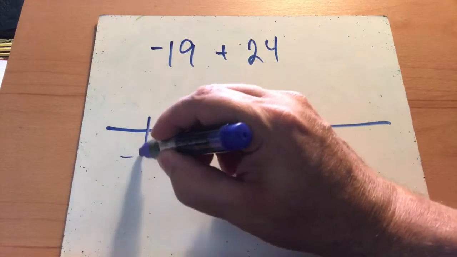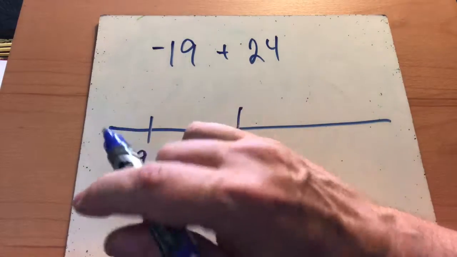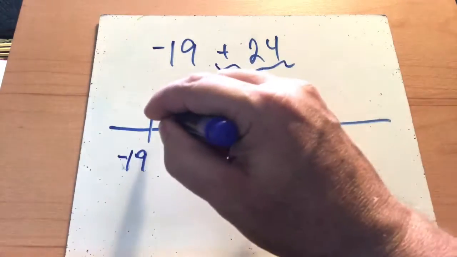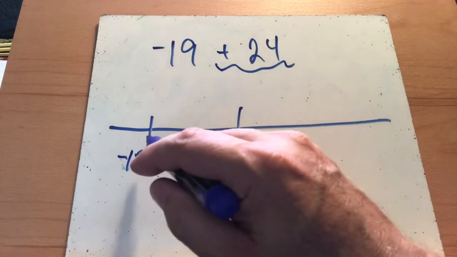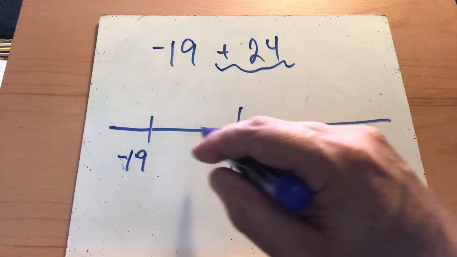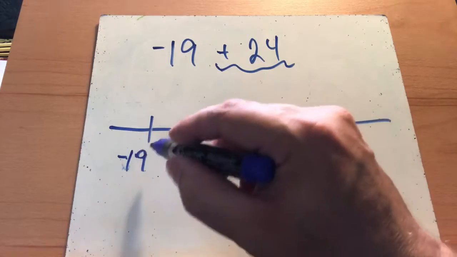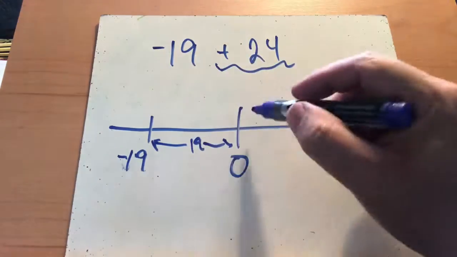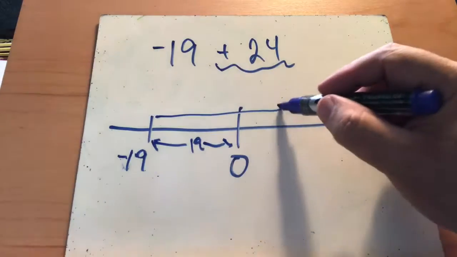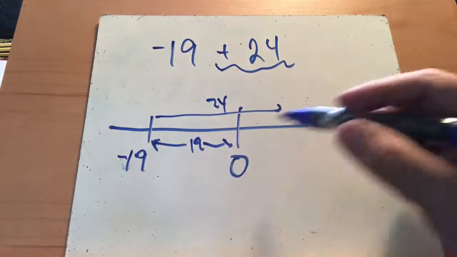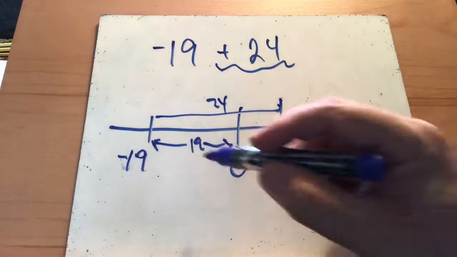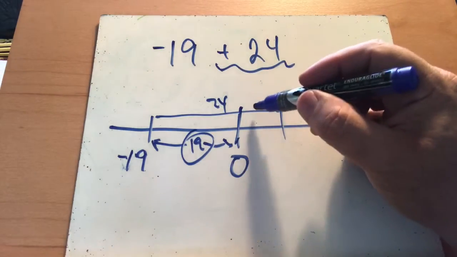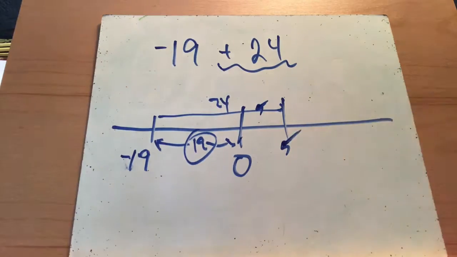Here's -19. And then that's plus 24, 24 to the right. Is that more than this distance? It is. This much is 19, and we're going 24, so it's going to be over here somewhere. Well, that ate up 19 of it just getting to 0. How much is left? We're at 5.